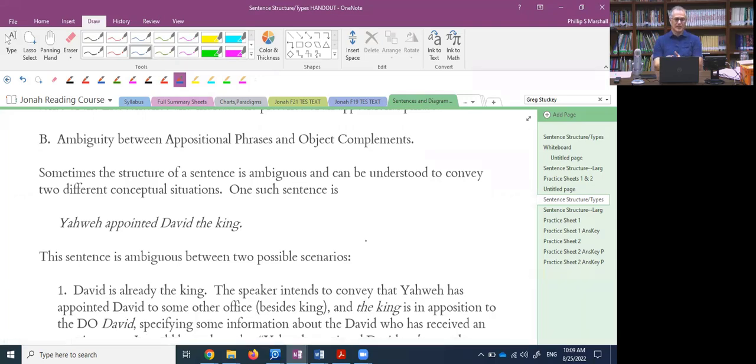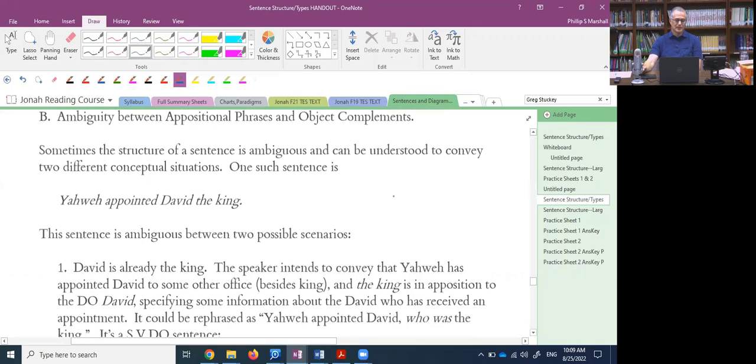Appointed means setting aside for a role. David is the shepherd boy, the son of Jesse, right? And the king is a social role within Israel. There's nothing ambiguous about the meaning of the words at all. So where does the ambiguity lie? The ambiguity lies in the grammar, okay? That's the issue here.